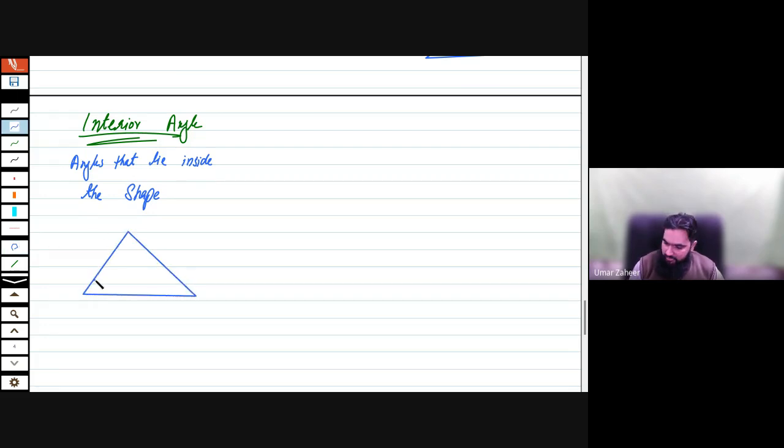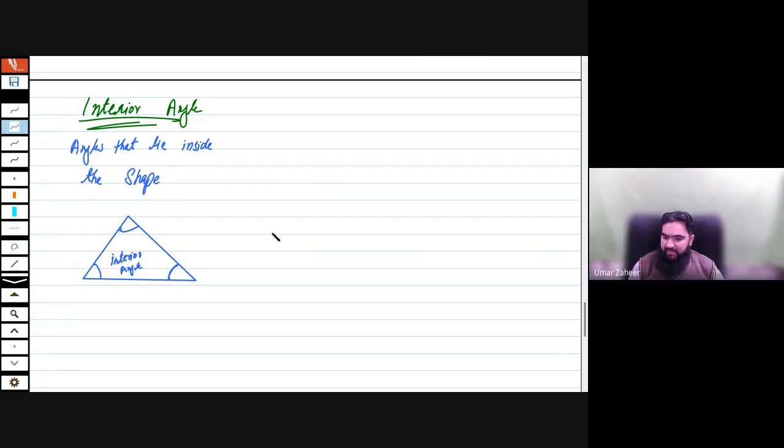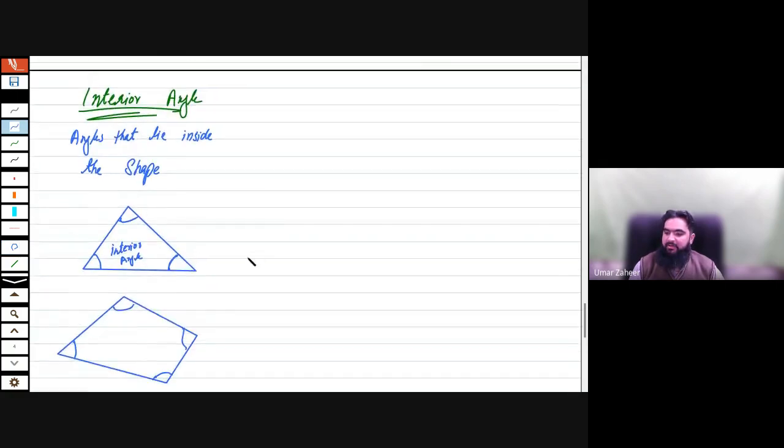Look here, all of these angles are interior angles. It can be any polygon. These are the interior angles.